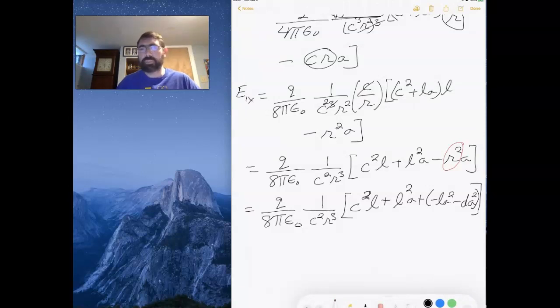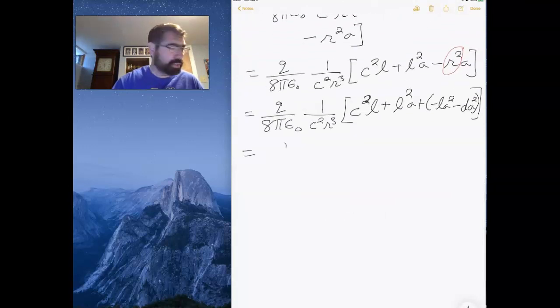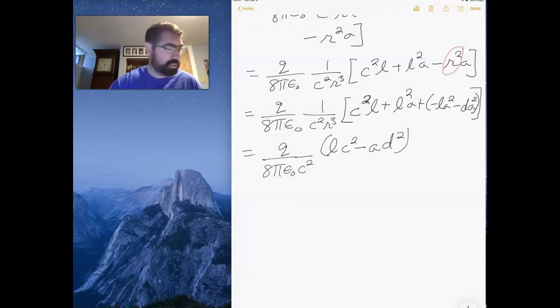Now that allows me to do some factoring, and what I get is Q over 8 pi epsilon naught c squared, and then I get L c squared minus A d squared over R cubed times R, which I can now rewrite as, no, I'm sorry.